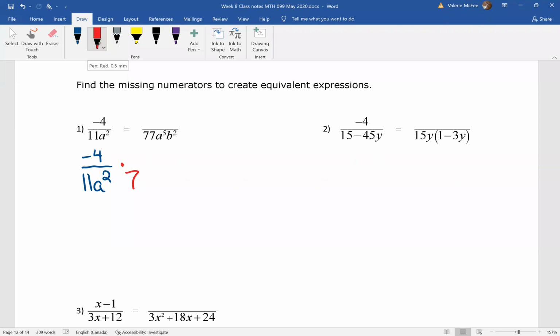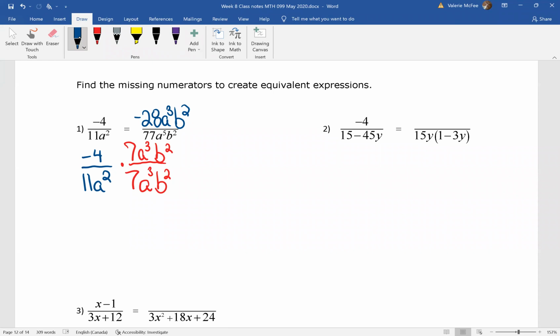We have a to the power of 5 here. That means this was multiplied by a cubed. We also have b squared. That was not in the original denominator. That means that the numerator must also be multiplied by 7a cubed b squared. So our equivalent expression then is negative 28 a cubed b squared.